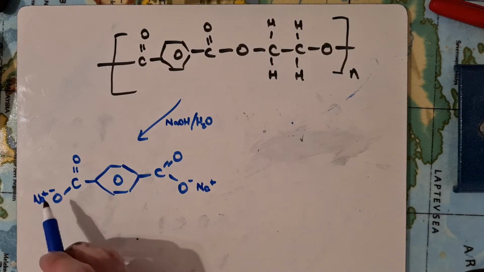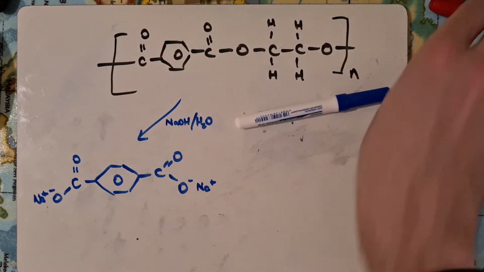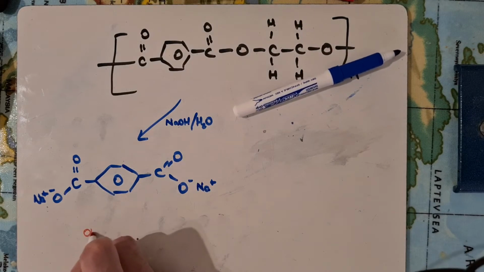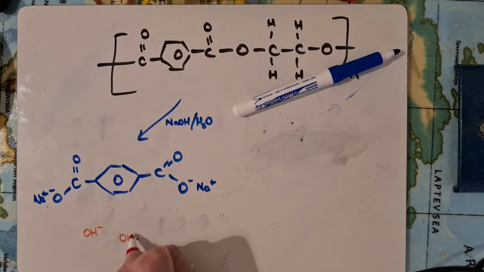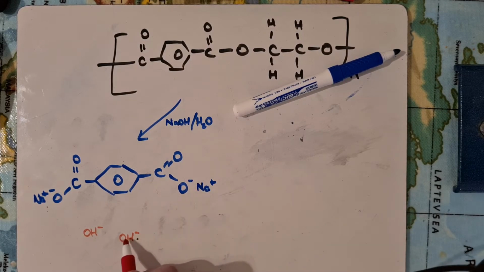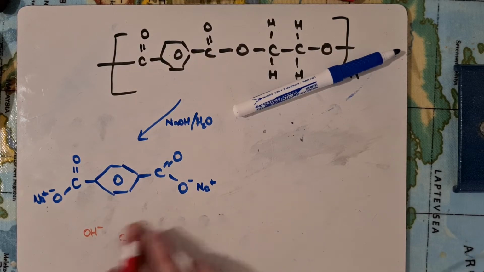So we get ionic bonds forming there. That's because it's in basic solution. So there's going to be lots of OH minus around when you're in a base, and the hydrogens are going to prefer to join with those OH minuses to form water than stay on the carboxylic acid.